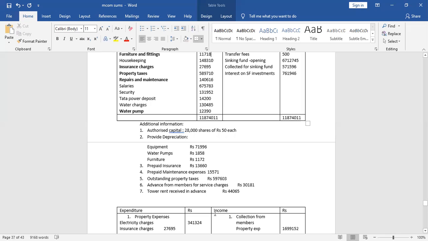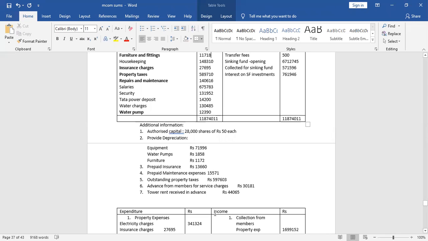Now let us come to the adjustment. Depreciation amounts are given. Equipment 71996.